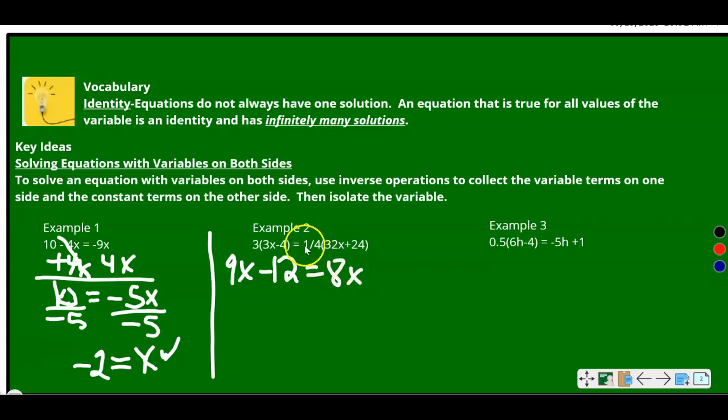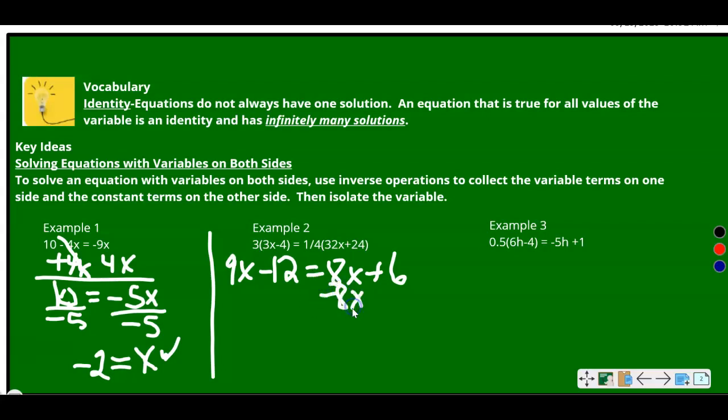And then the same thing here, 1/4 of 24. What's 24 divided by 4? That would be 6. All right, now that we see that we have a 9x and an 8x. So once we do distributive property, we can see that we still have a variable on both sides of the equal sign. In order to solve, we have to have the variable on one side.